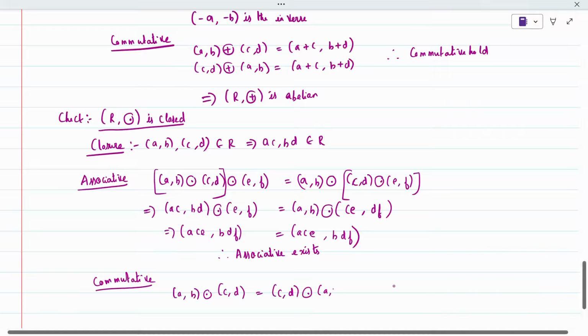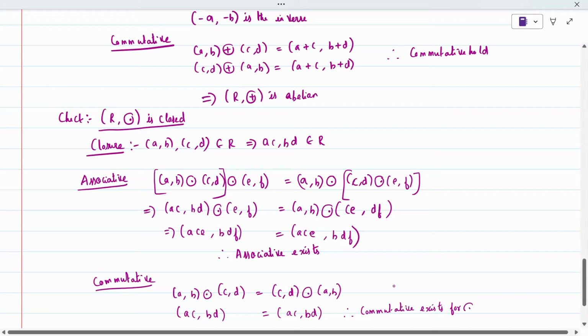(A, B) dot (C, D) is equal to (C, D) dot (A, B). When I prove it, it is (AC, BD) on both sides. So both are equal, so commutative also exists for the dot operation.